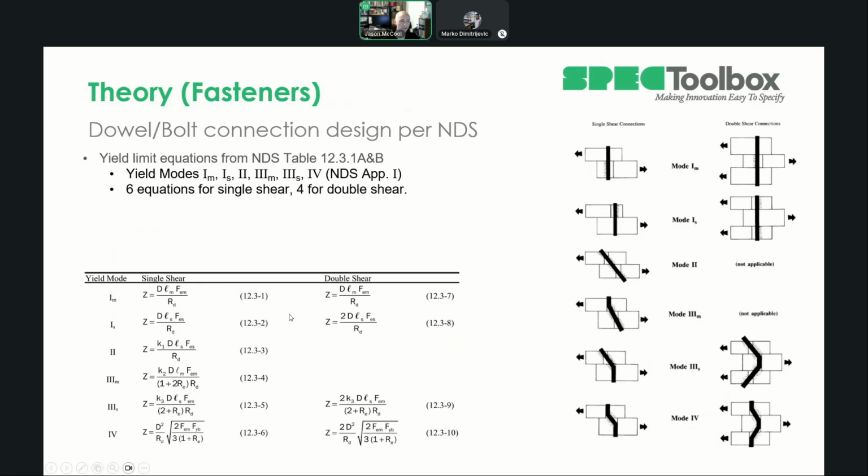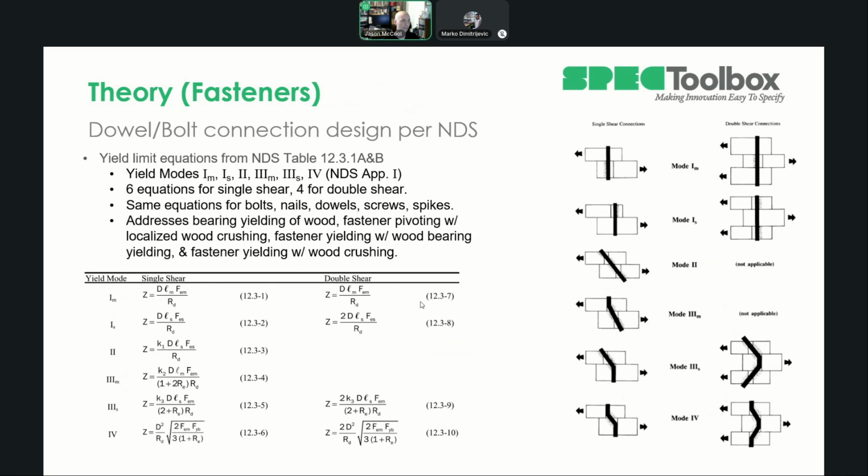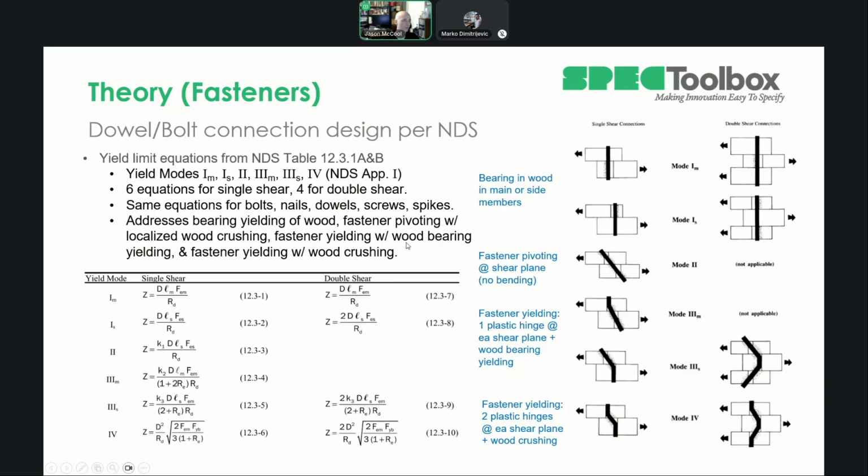But if you're new to NDS or to American design, then this is kind of our basis of fastener design in the US. It gives us the same equations for any cylindrical dowel-like fastener embedded in wood. So bolts, nails, dowels, screws, spikes, anything like that. And it addresses the bearing yielding in the wood. It's mode 1 there.